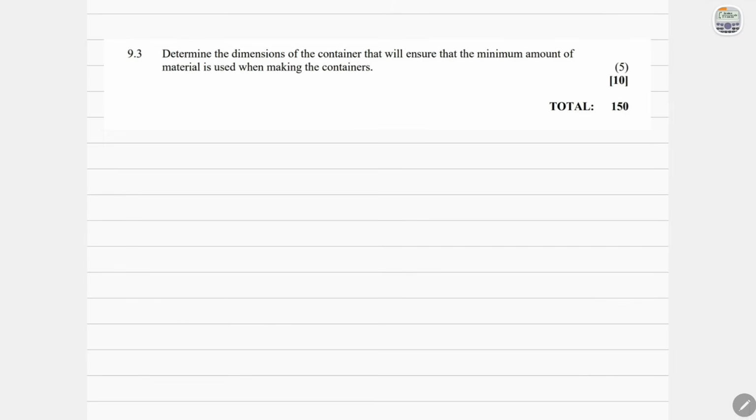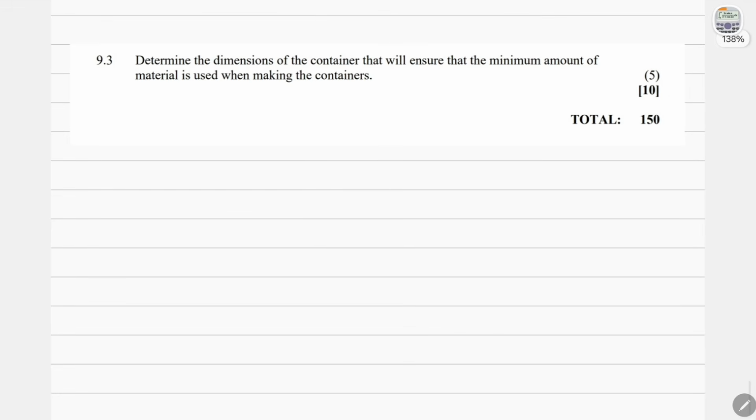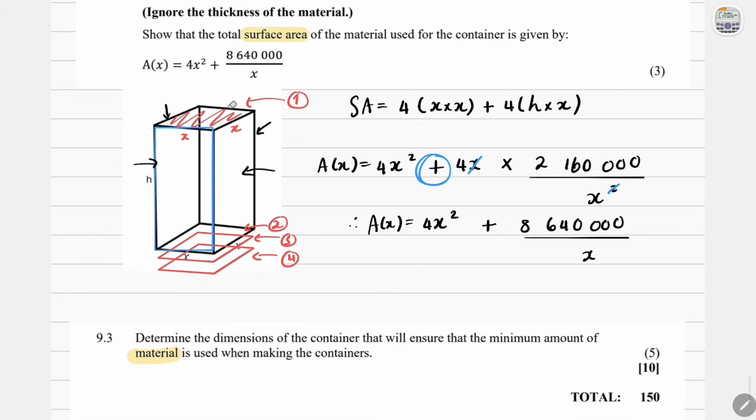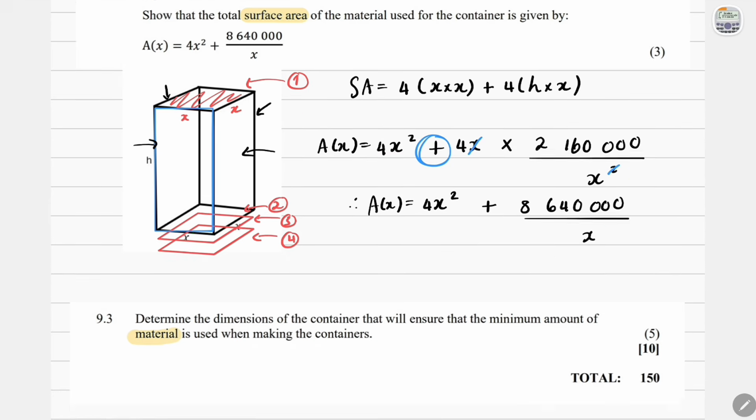Question 9.3 says, we have to determine the dimensions of the container that will ensure that the minimum amount of material is used when making the container. So what we are seeing as the material is the total surface area, because that's what goes around this material. And we just found that the total surface area is this.